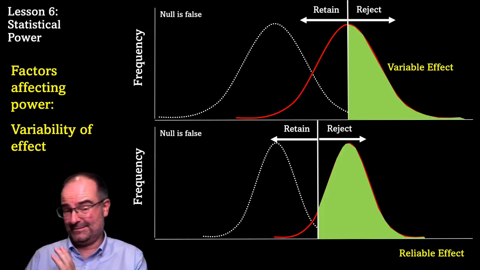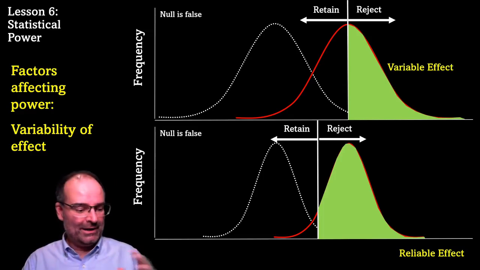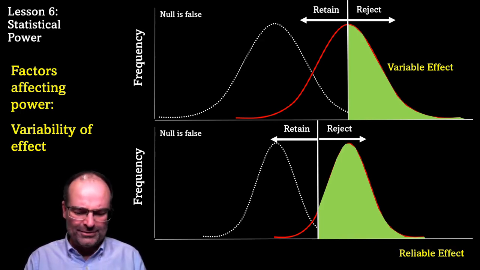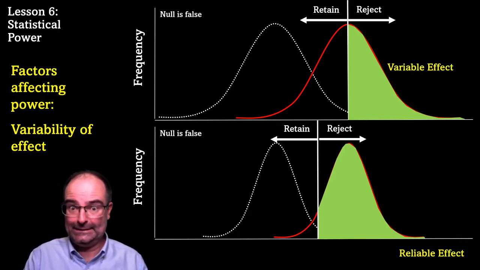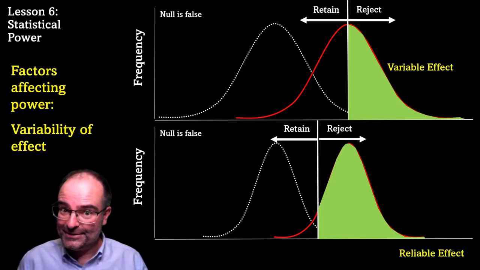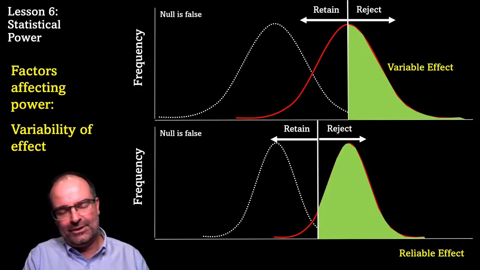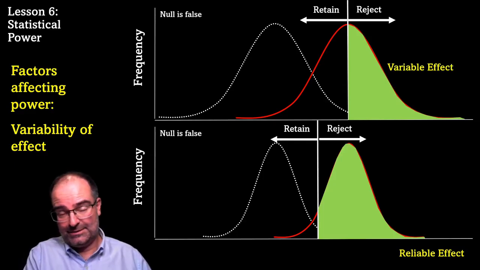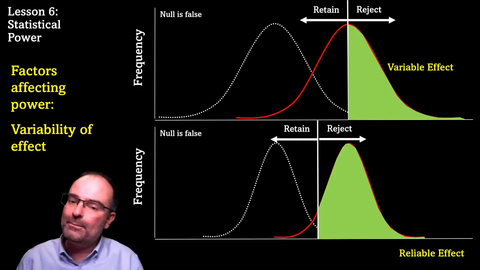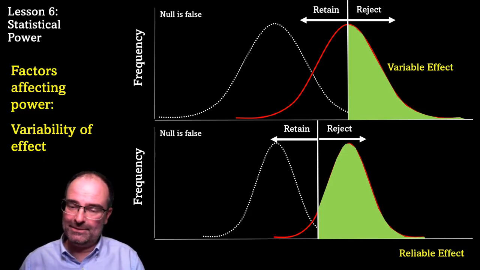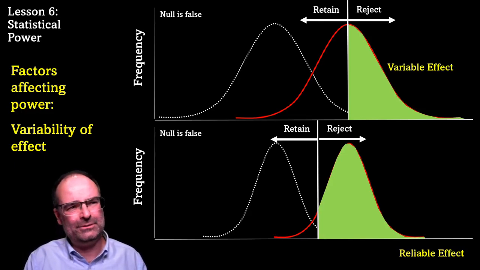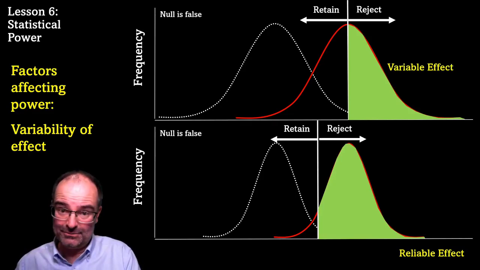Now we estimate standard error by looking at the standard deviation of raw scores, because if your raw score effects are highly variable and everyone who does your experiment gets a very different result, then not only are your raw scores going to be distributed widely, but your sample means are going to be very variable as well. So if your effect is variable, it's going to affect your sampling distribution.